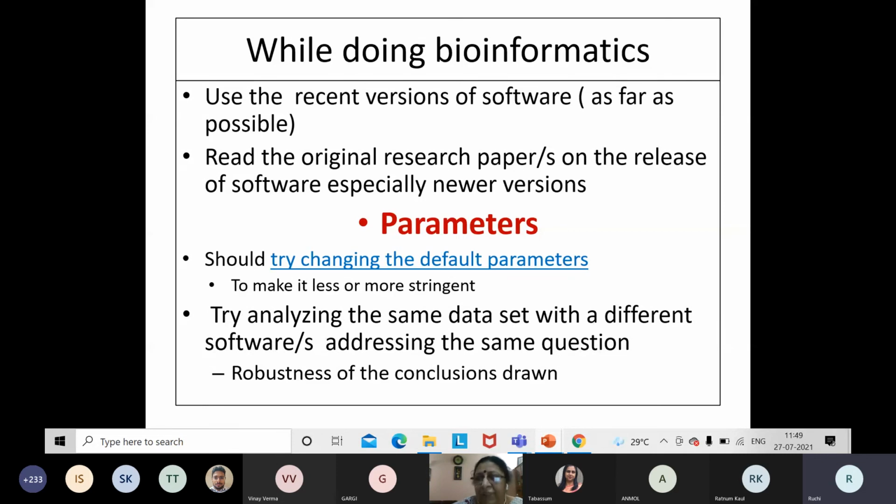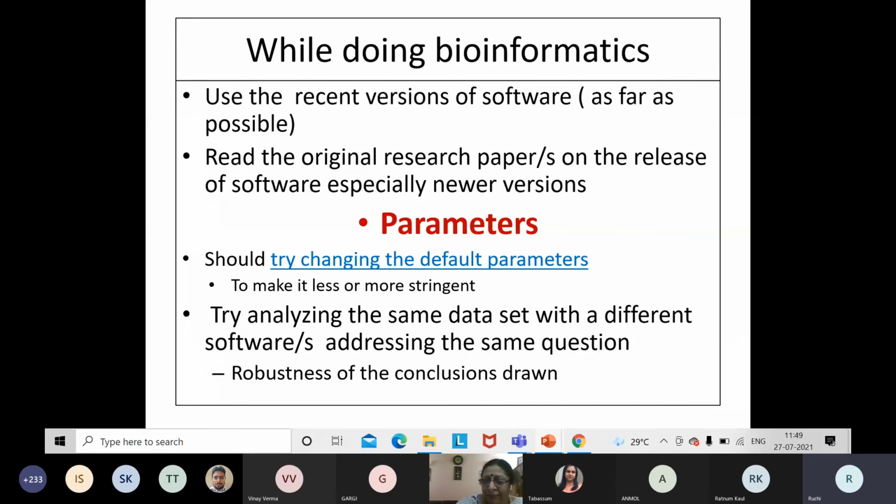Not only for each software, every time there is a newer version of a software, there is a research publication. So we should not only read that paper, but very frequently refer to that paper. Every time we encounter something, the answers will be given in that original paper. Those things will never be addressed later.